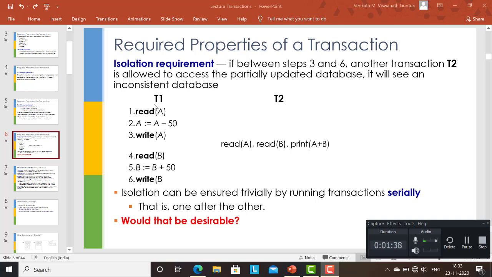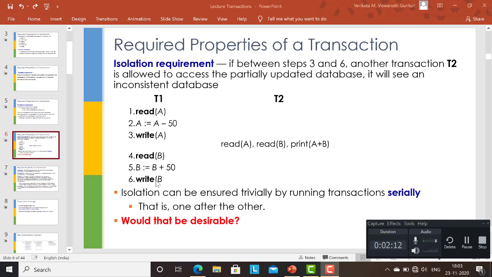Let's say your system first executed these three steps, and then in the midst, T1 got descheduled, and then T2 got scheduled, and it did these three operations. Then T1 came back and finished the last three steps.